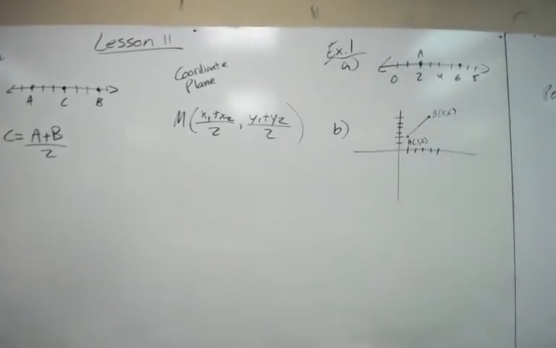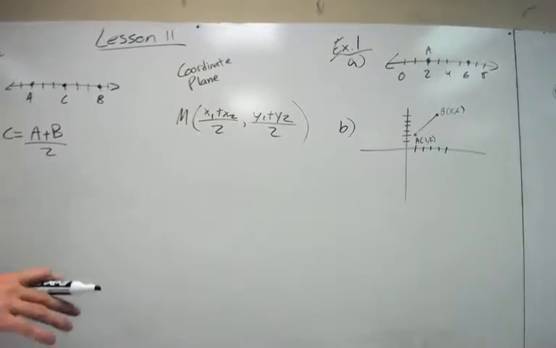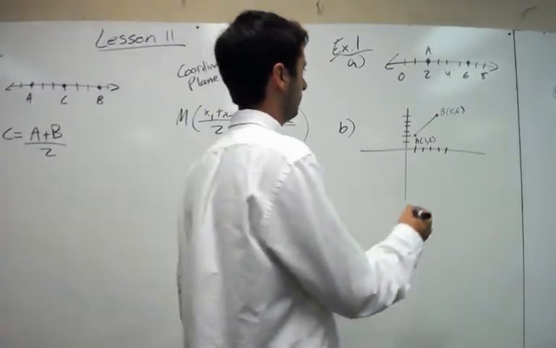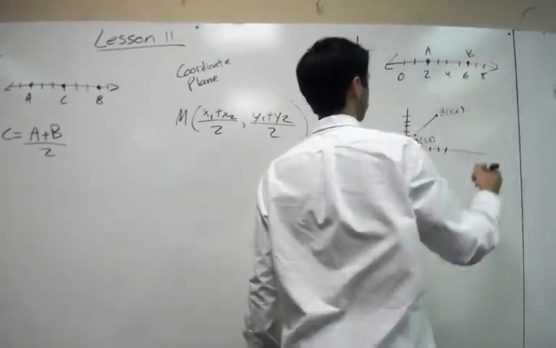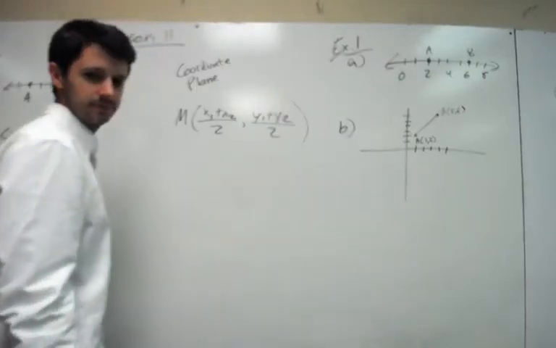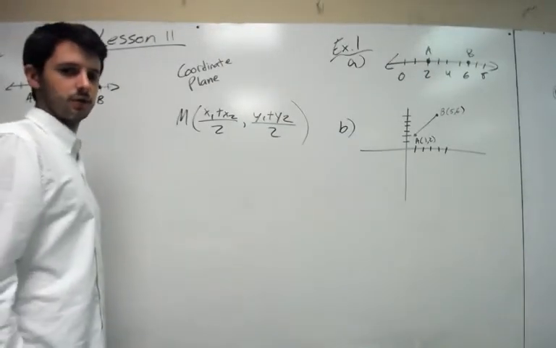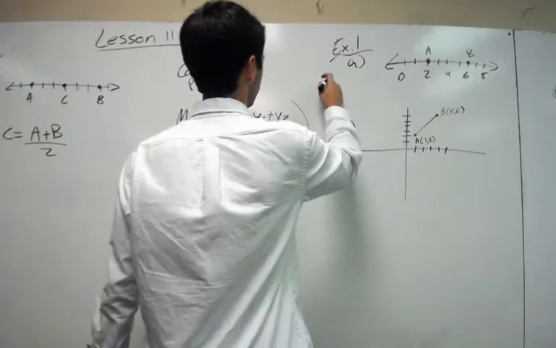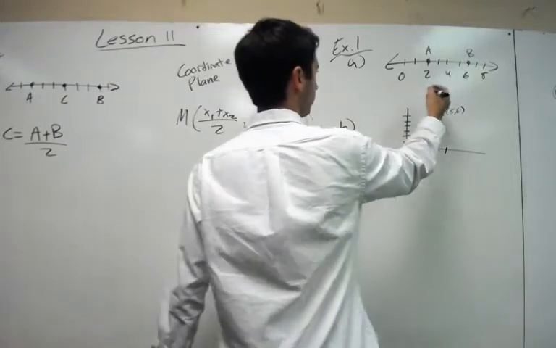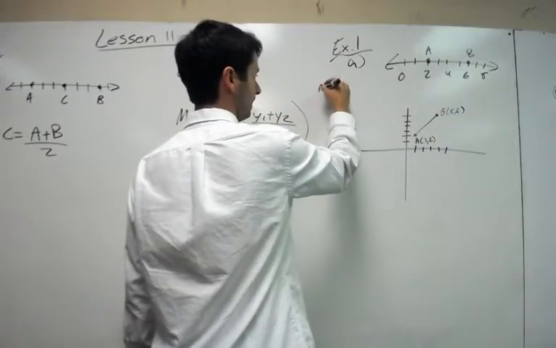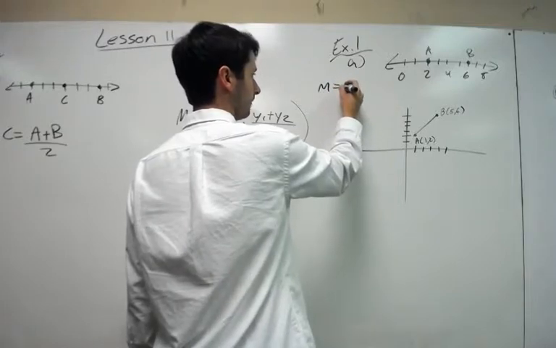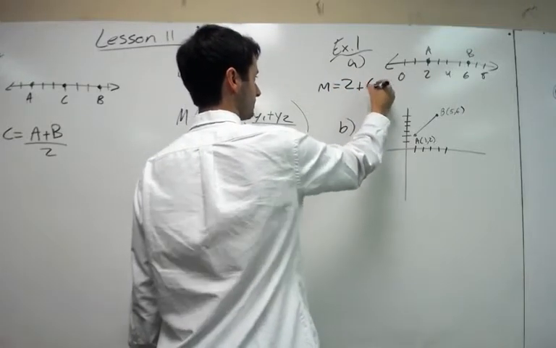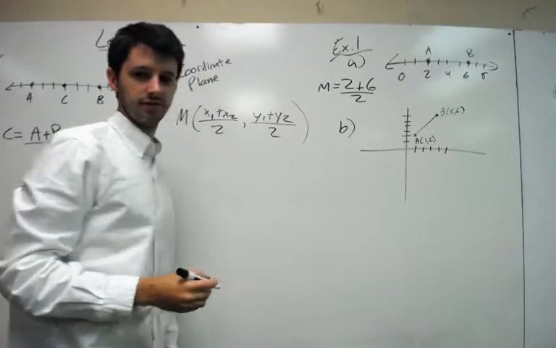So really quick, we'll look at example 1, A. If we're trying to find the midpoint between point A and point B, point A is 2 and point B is 6. So we would add, we'll call it M for midpoint, equals 2 plus 6 all divided by 2.